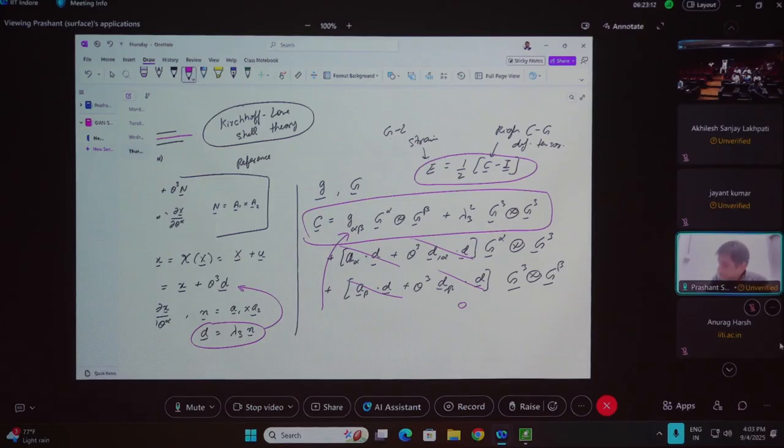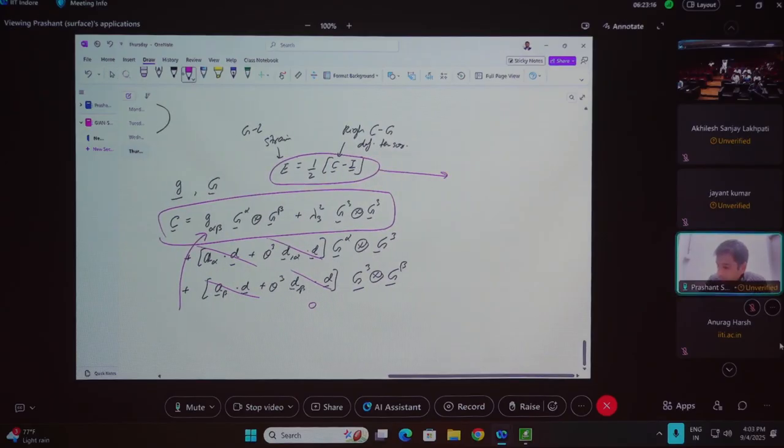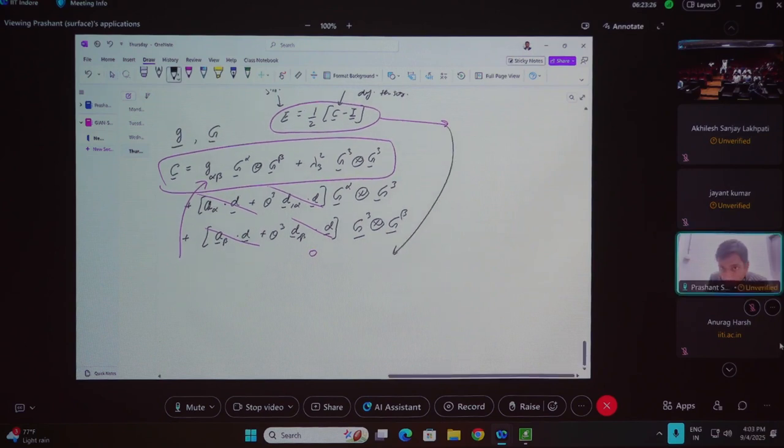And the strain tensor, again, I'm just trying to skip a lot of mathematical details. When you write down the strain tensor, this is what you will get. E, the tensor, would look like this: epsilon alpha beta plus kappa alpha beta theta 3, times G alpha tensor with G beta.